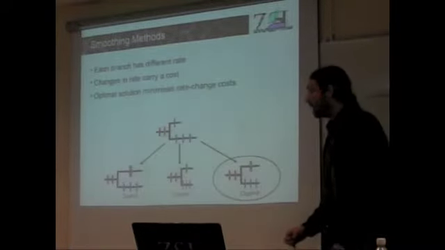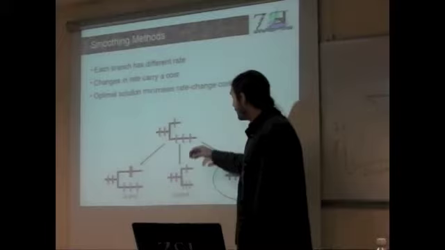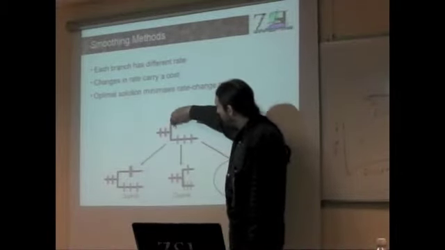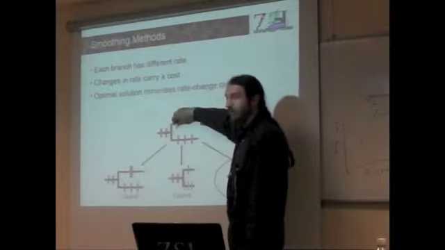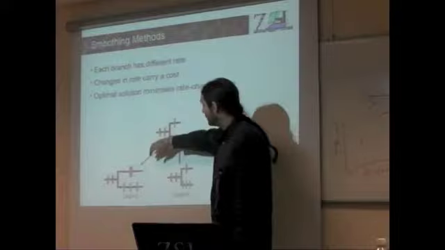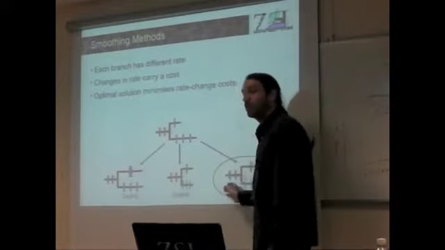Okay. The smoothing methods essentially employ for each lineage a different rate of substitution, but they assign to each possibility a certain cost.